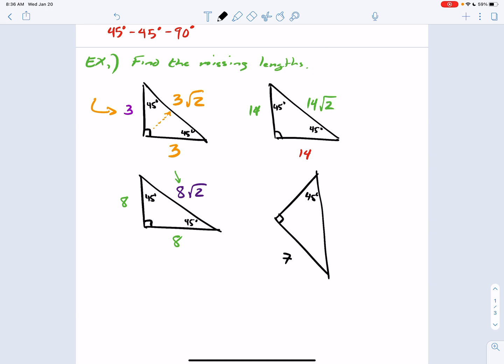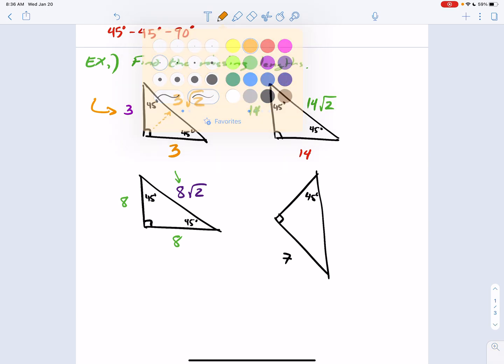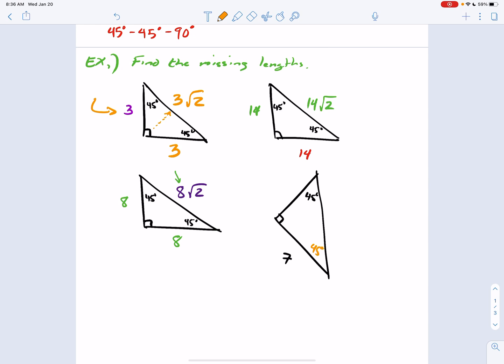Notice how they didn't give you the third angle, okay? If you know that one angle is 45 and the other one is 90, according to the sum of the angles in a triangle, that last one has to add up to 180, right? So even if they don't give it to you, you should know that this missing angle here is 45 degrees, okay? And you guys should know that even though I rotated this triangle, the hypotenuse is always opposite of the 90, okay? So keep that in mind.